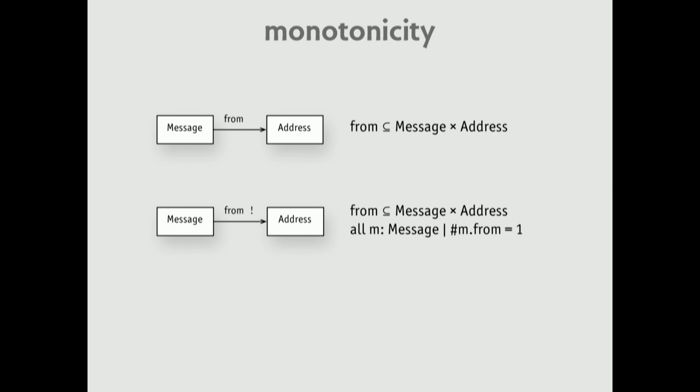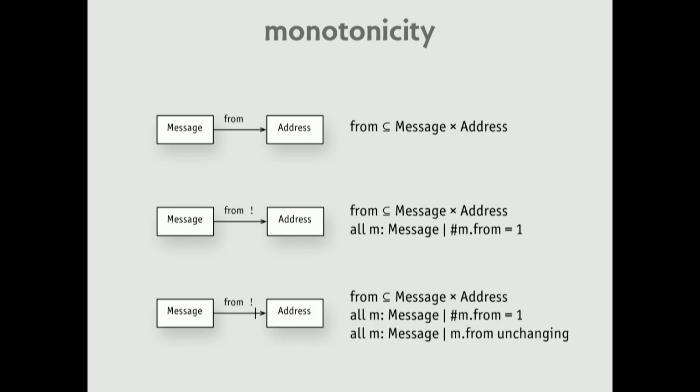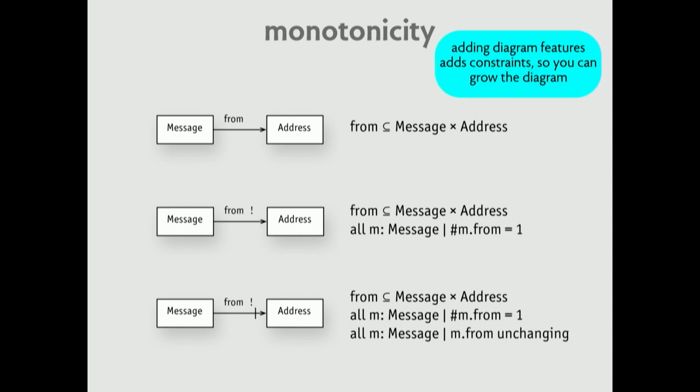So it's ruling out the relations that aren't functions. And now if I put the mutability marking on, that says that for any message, the set of addresses it's from is unchanging. So this is a useful feature of a diagrammatic notation because you can build things up and you don't undermine what you've done already. You don't allow new possibilities by adding new stuff.